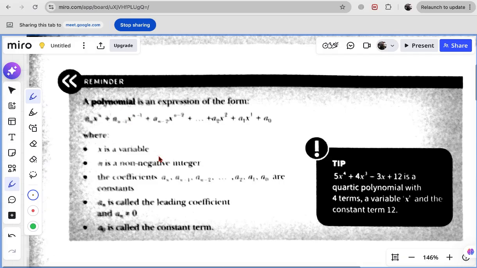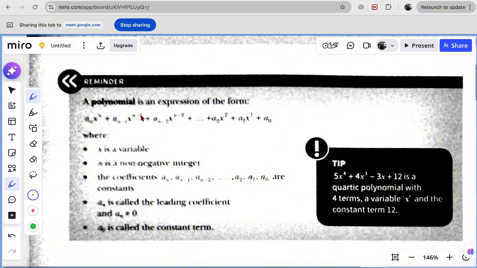A polynomial is an expression of the form a sub n, x raised to power n, plus a sub n minus 1, x raised to power n minus 1, plus a sub n minus 2, x raised to power n minus 2, plus a sub n minus 3, x raised to power n minus 3, continue in that manner to a2, x to the power 2, a1, x to the power 1, plus a naught. So this is the form of a polynomial.